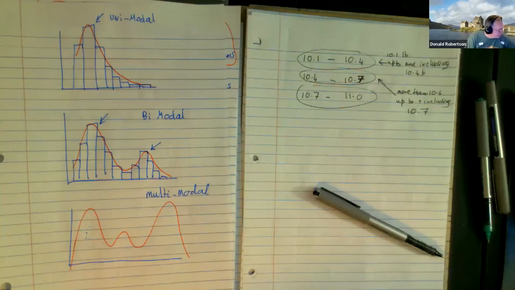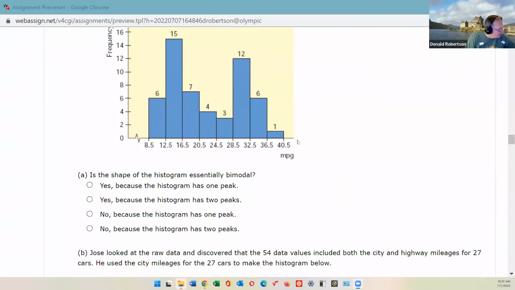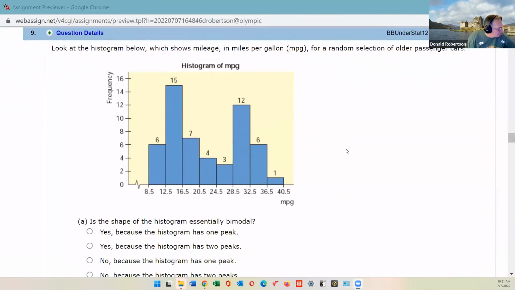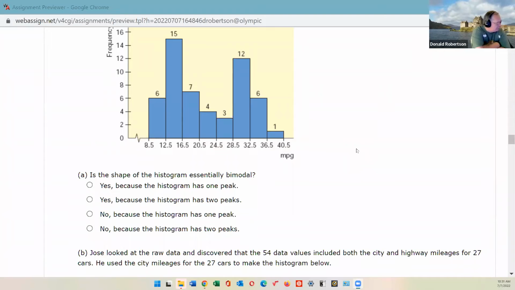So let's return back to that question. Is it bimodal or unimodal? Bimodal? Yeah. Would you agree there's 2 distinct peaks? I call them hills.